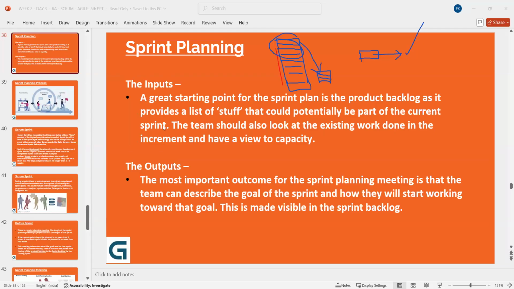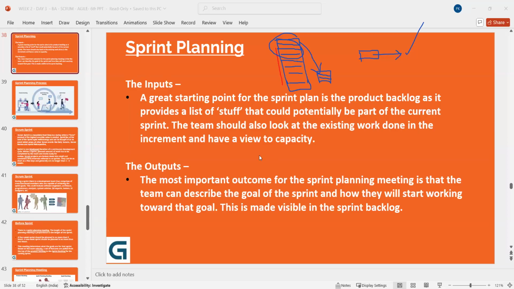Potentially means, see, right now we are in the planning phase. We have not yet planned. We are going to confirm or decide on that. So that's why it is potential. That means all these items have the potential to be in this sprint because they are on the top, they are prioritized, and they are in order. So that is why the word potential has been mentioned.